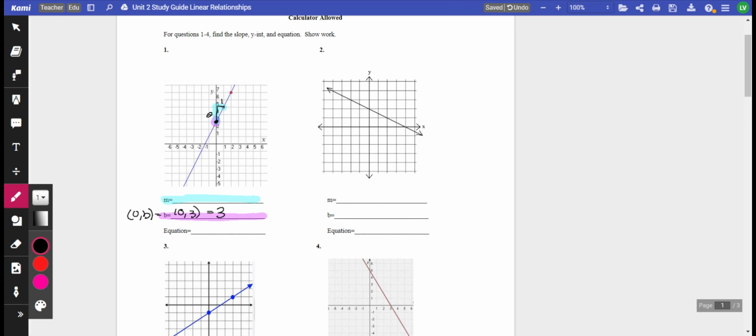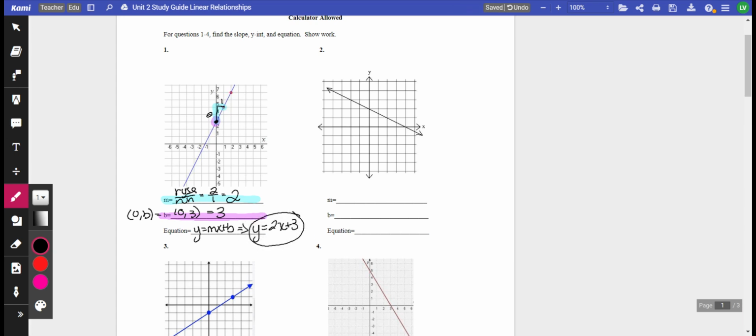So slope, as a reminder, is rise divided by run, which means I'm rising up 2, I'm running 1, which simplifies down to 2. Well, then for the equation, I'm using y equals mx plus b, and I'm going to fill in my m and b values. So it becomes y equals 2x plus 3.